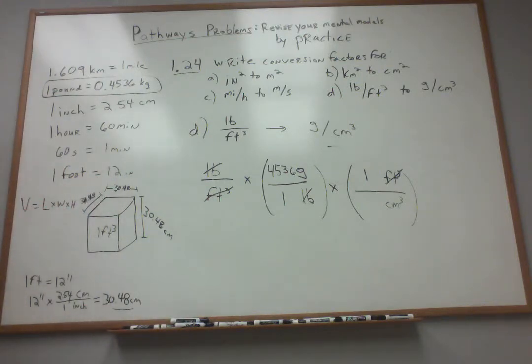So what's the volume of that cube in cubic centimeters? It's 30.48 cubed. Now if you do the math on that, it works out to 28,316.8 is what I've got here.